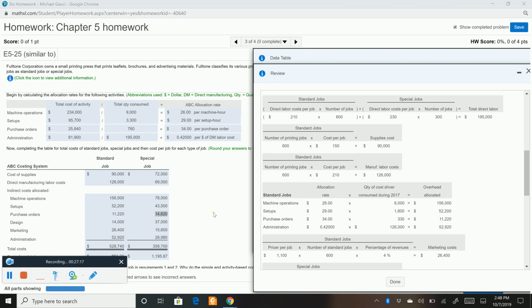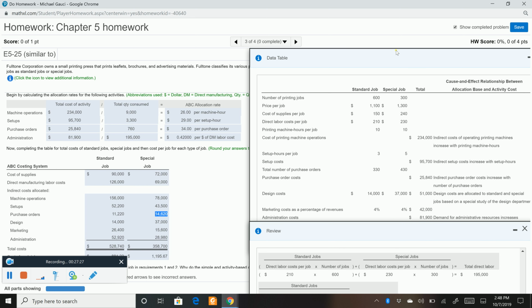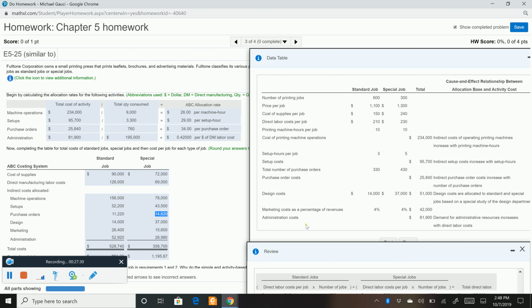Next, we will take a look at the administrative costs. We said earlier in the table that the administrative costs came to a total of $81,900. Based on the table, administrative costs will increase with direct labor costs. So direct labor is going to be the cost driver for the administrative costs of $81,900.